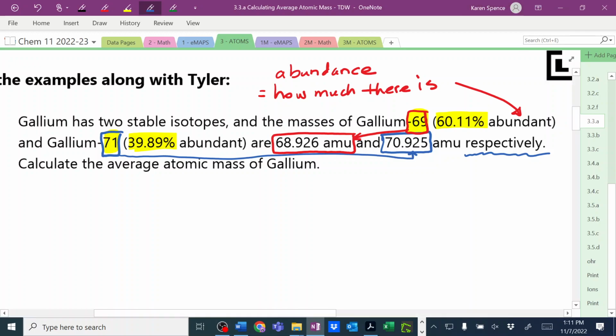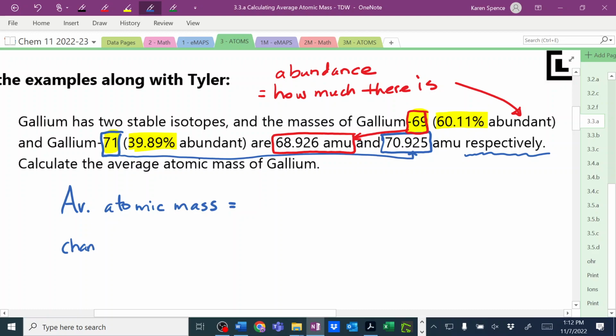So, average atomic mass is equal to, all you do is you take your percent. What do you do with your percent? You change it into a decimal.